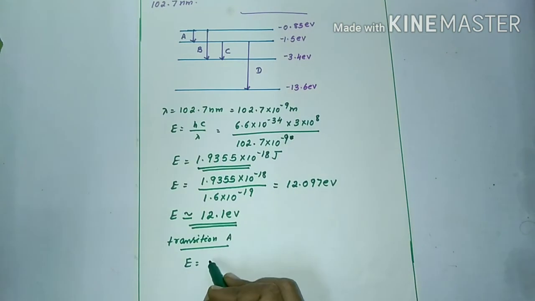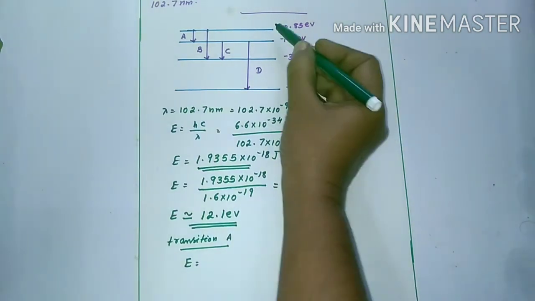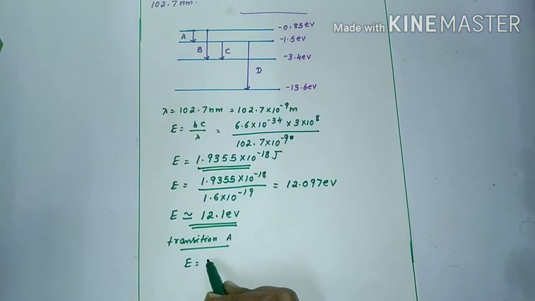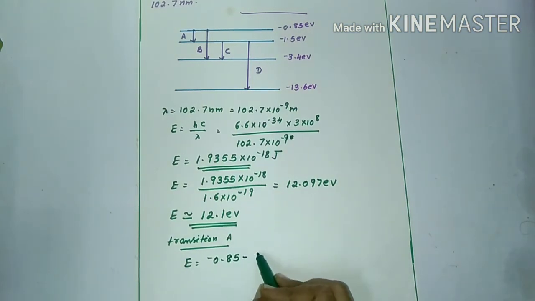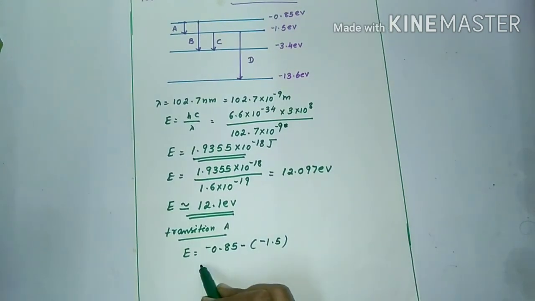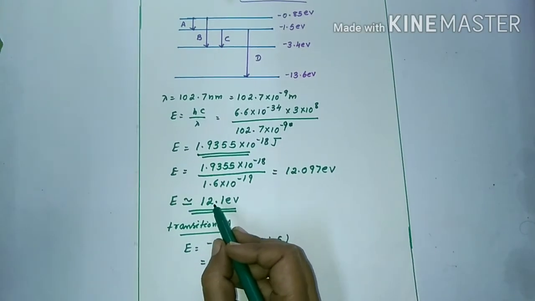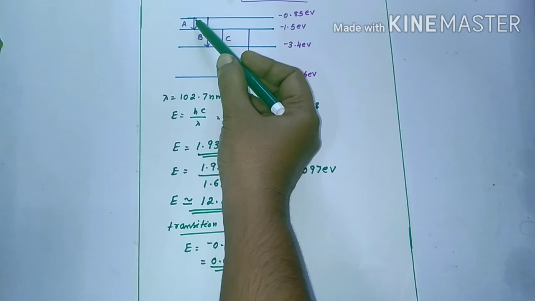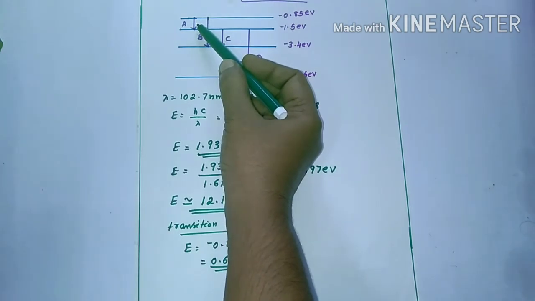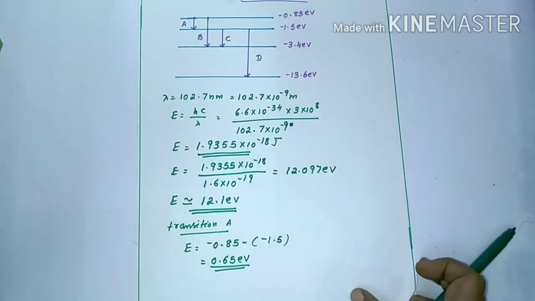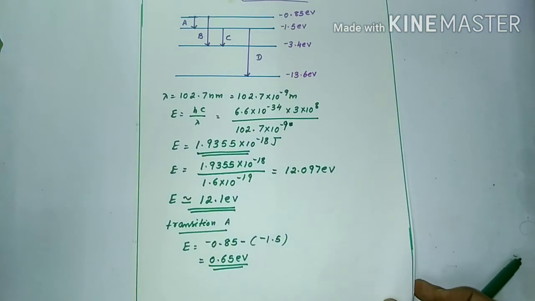So you find the energy difference, E2 minus E1, that is minus 0.85 minus of minus 1.5. You will get the answer as 0.65 electron volt. This is not equal to 12.1 electron volt, so transition A does not correspond to the wavelength 102.7 nanometer.